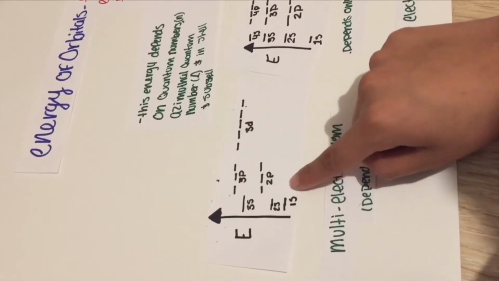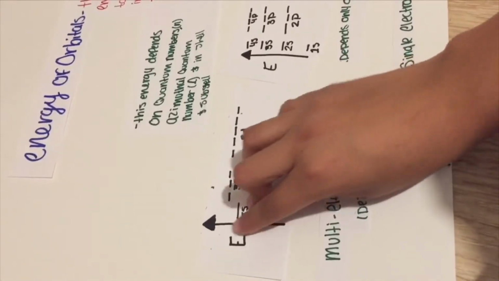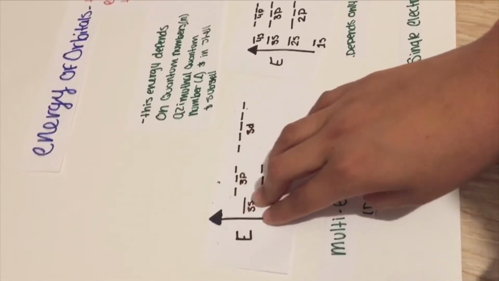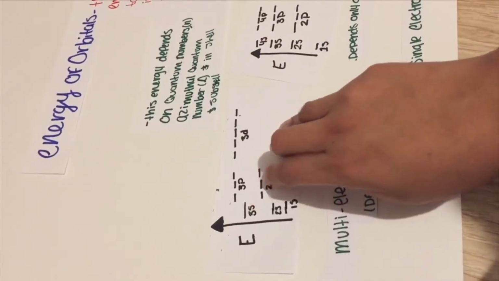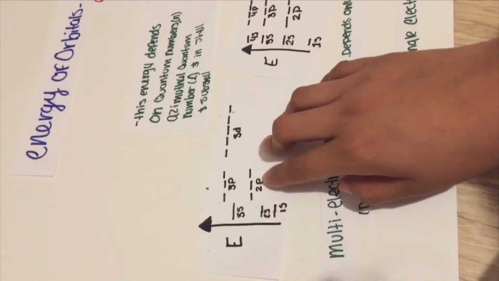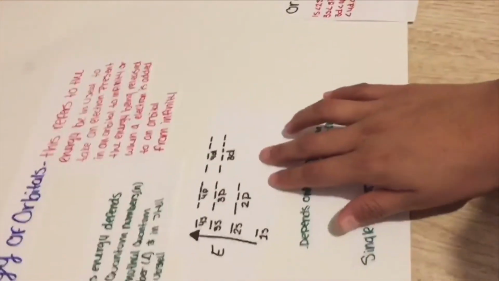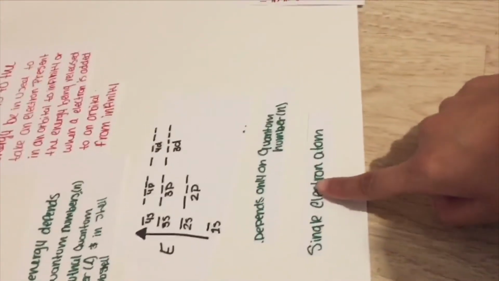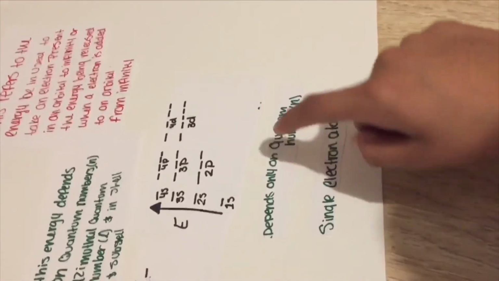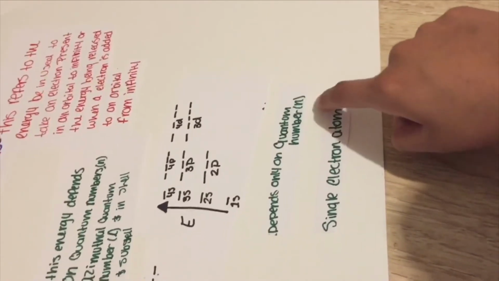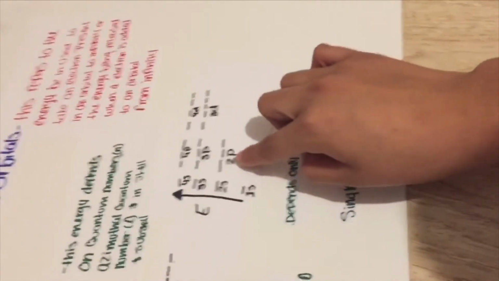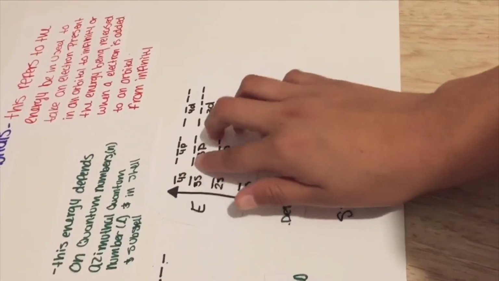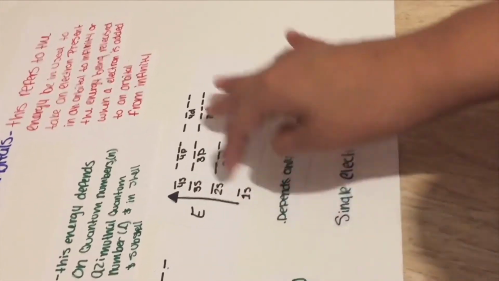As you can see, the orbitals are on different types of energy, which this represents. They're on different levels of energy, depending on the orbital's kind. This one right here is the single electron atom, which depends only on the quantum number n. Now these are usually on the same energy level. As you can see, they're all on the same energy level.